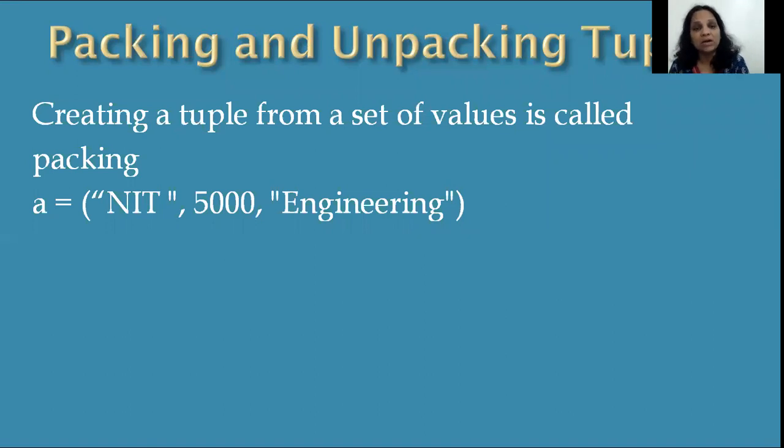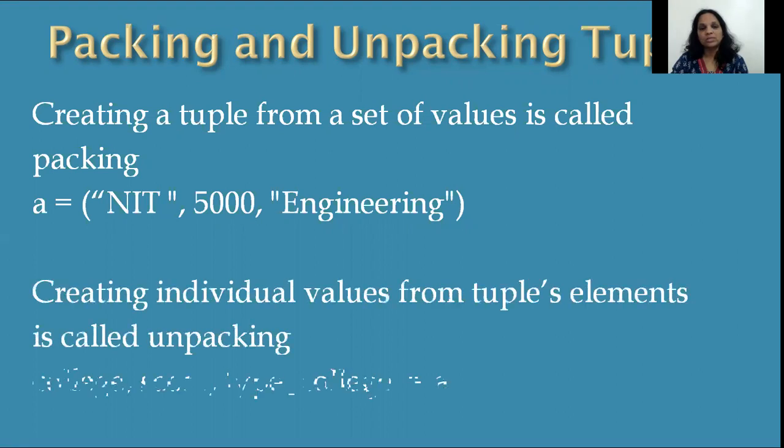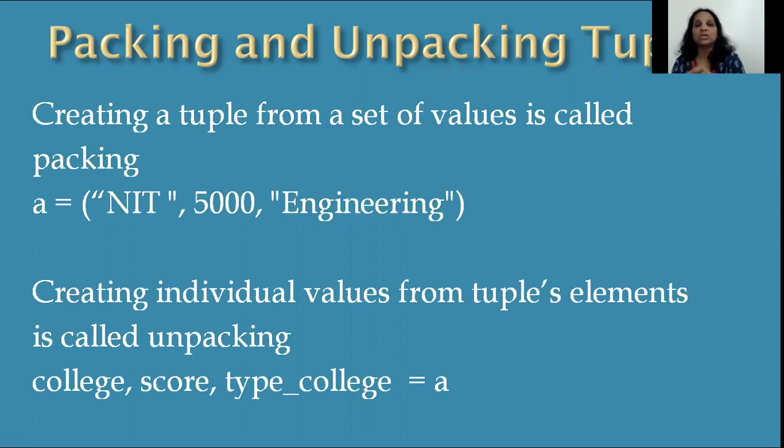You're getting the data from the tuple and storing it into certain variables. To understand that, I've got 3 variables here: college, score, and type_college, equal to A. So what happens? A consists of NIT, 5000, and engineering. College gets NIT, score gets 5000, and type_college gets engineering. So this is called unpacking, getting data from the tuple and putting it into different variables.